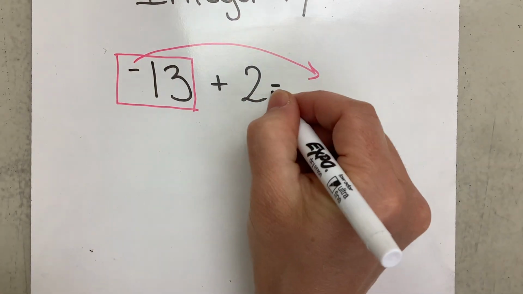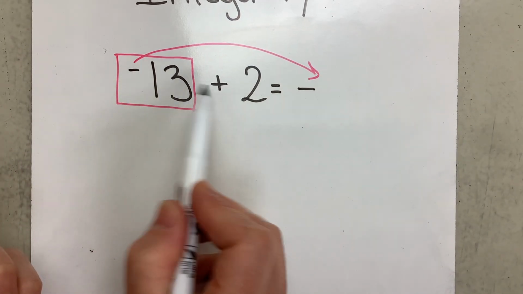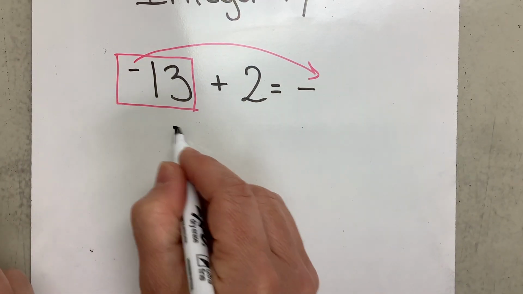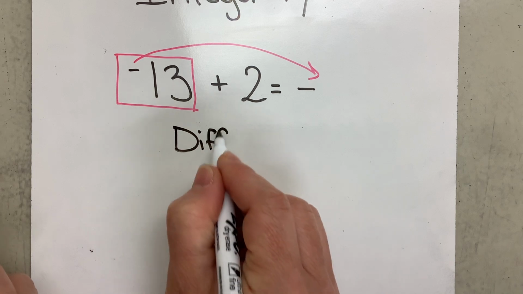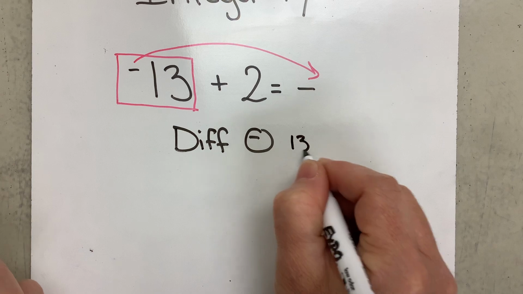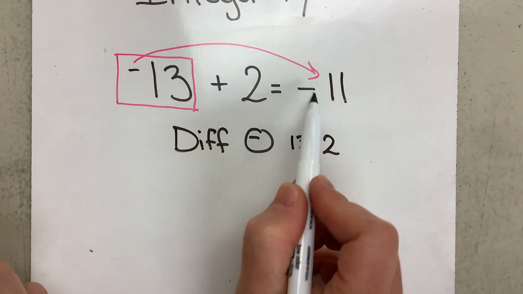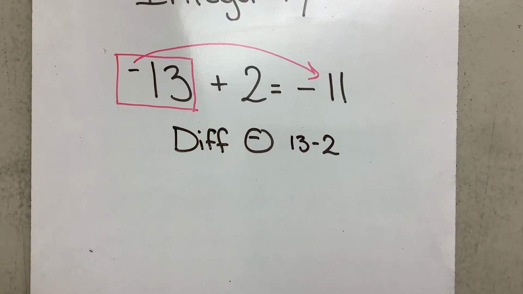So our answer has to be negative. These are different because we have a negative and a positive. So again, if they are different, we are going to subtract. So 13 minus 2 is 11, and our answer is negative. Okay.